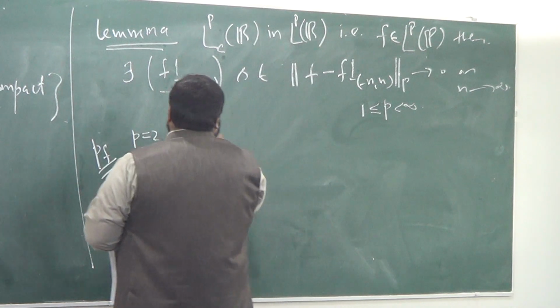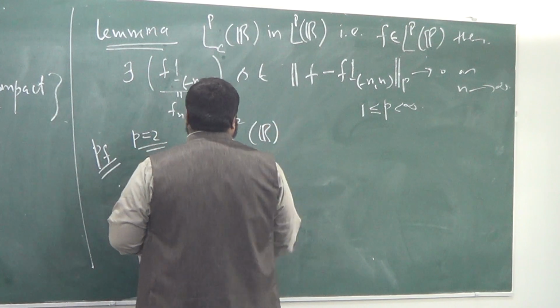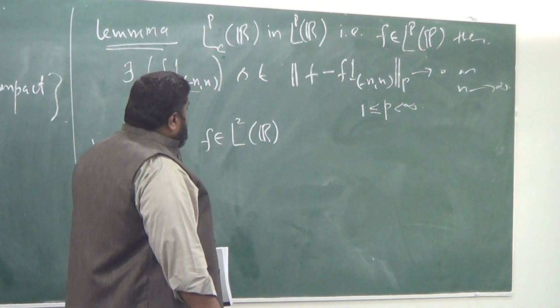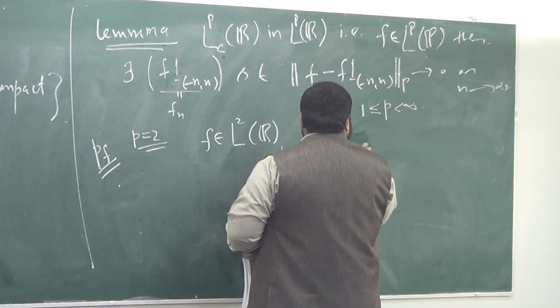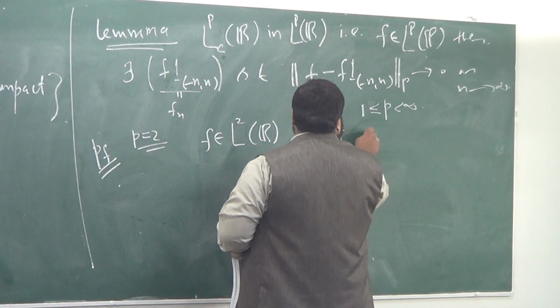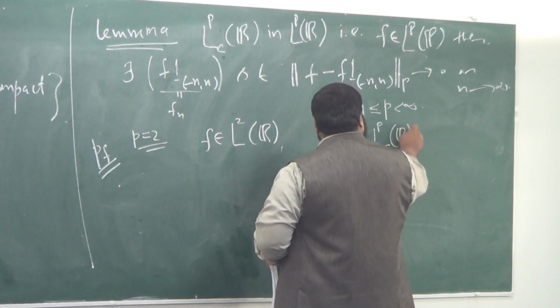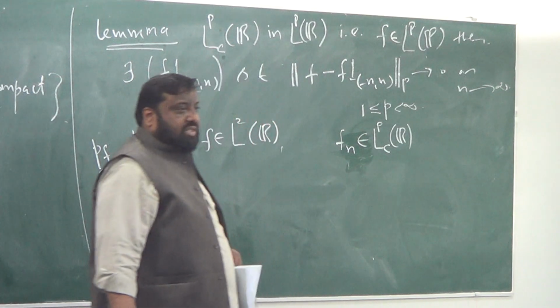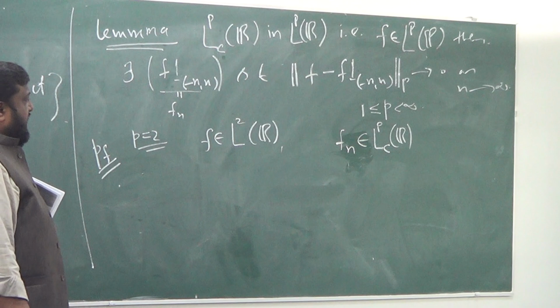So as you have f from L2 of R, give me the reason why this F_n must belong to the p-integrable functions with compact support.